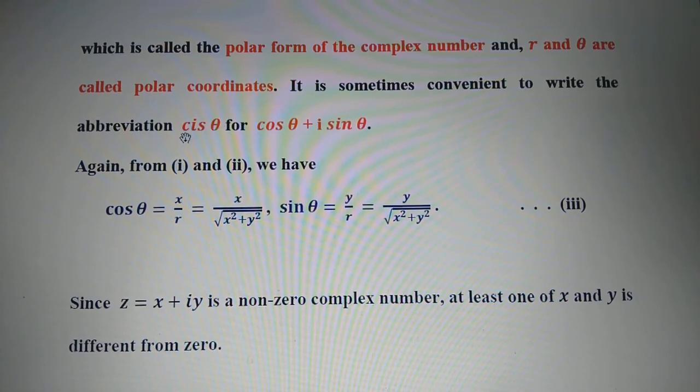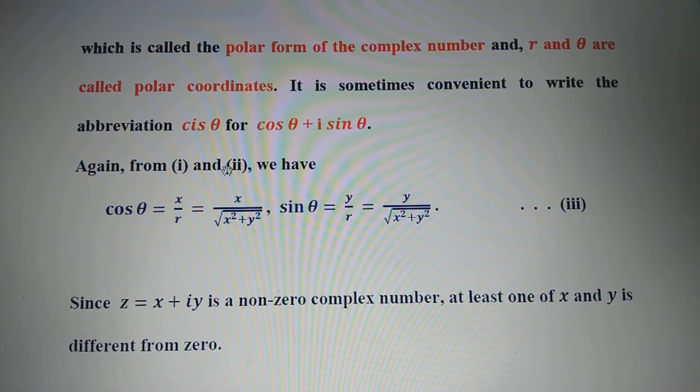Cis stands for cos plus i sin. C for cos, plus i, so this i, and S for sin. So this cos theta plus i sin theta can be written in short as cis theta.